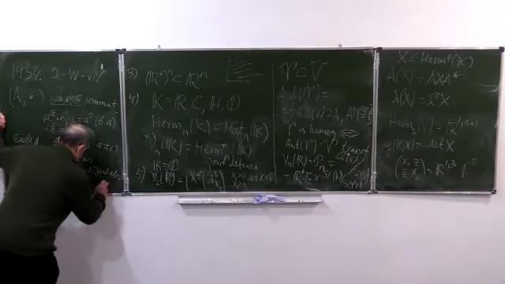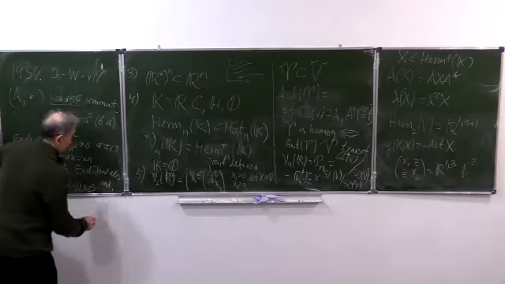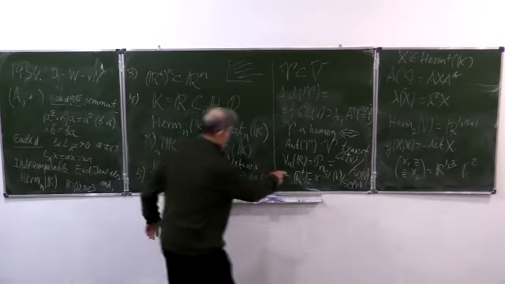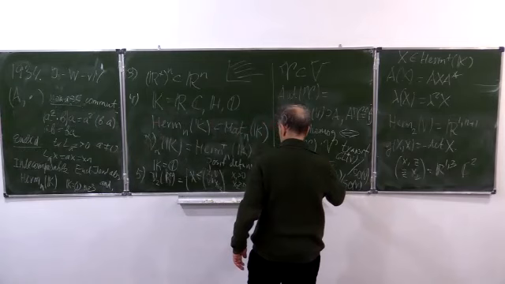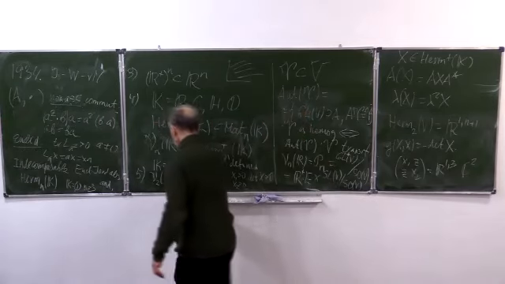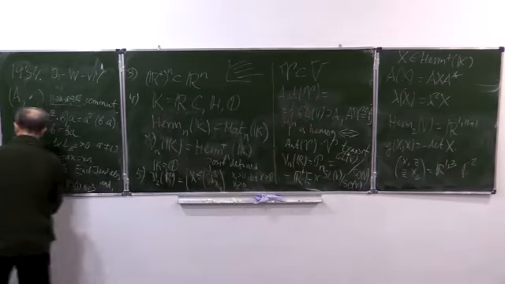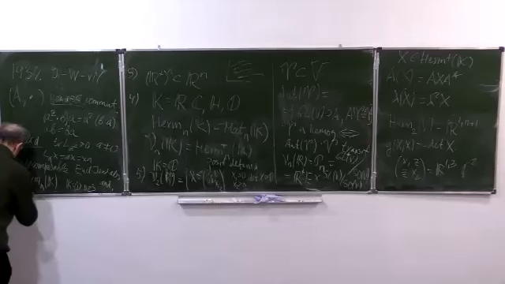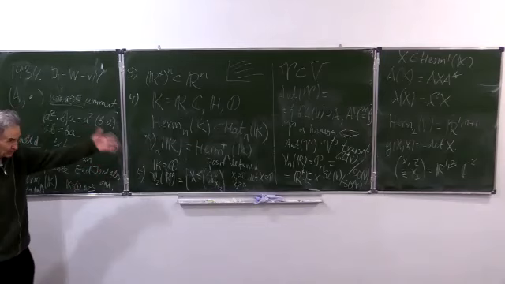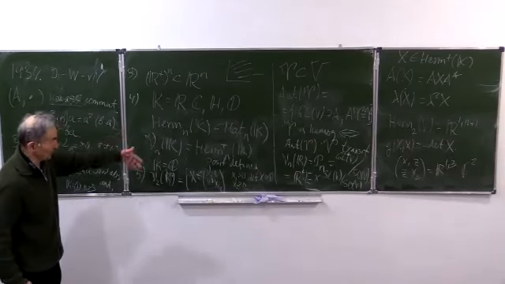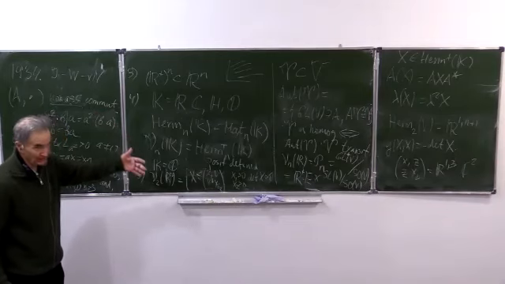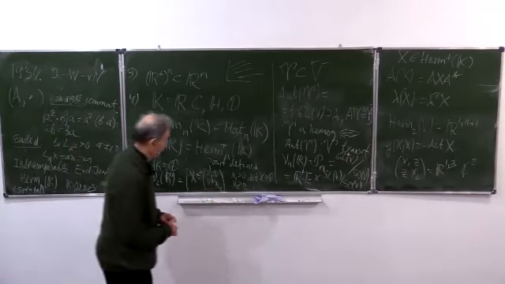Then there is V_2 of R^n, and this spin factor. So a spin factor means a Minkowski vector space with a trivial multiplication.